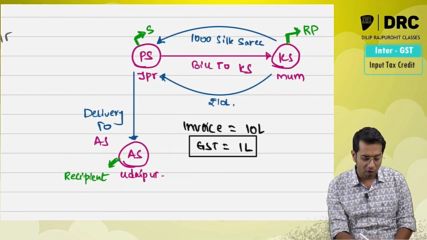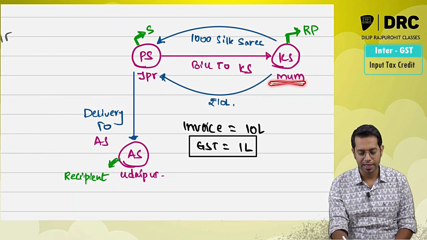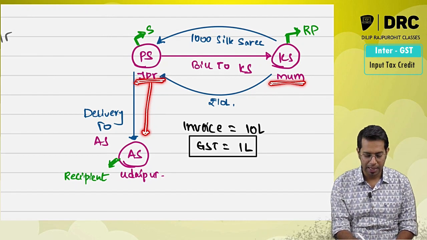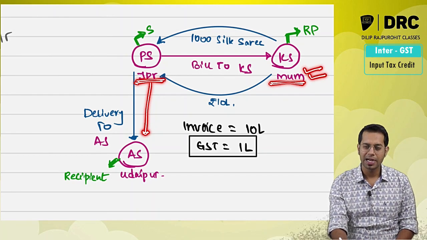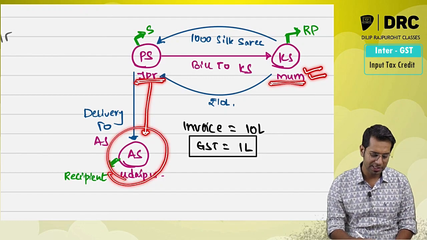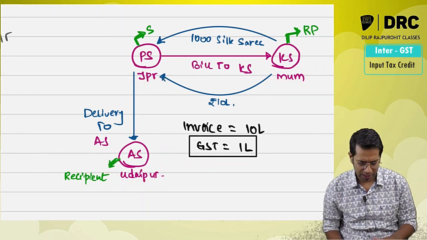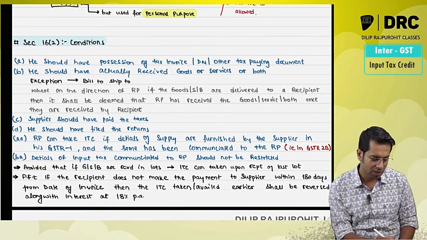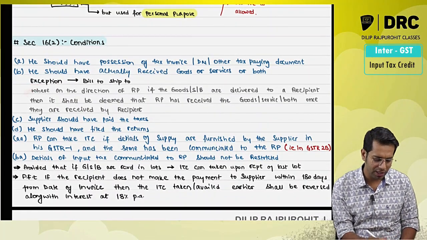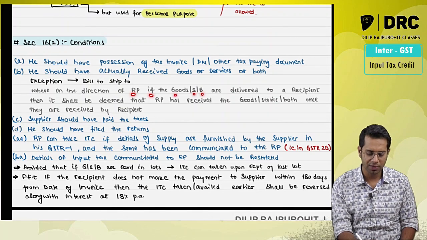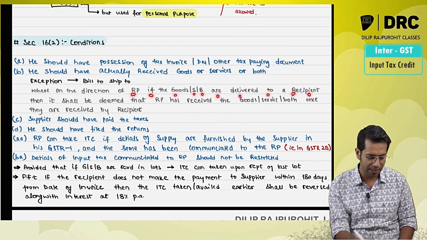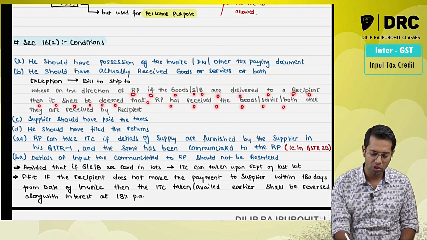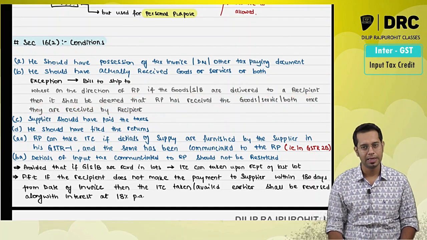Meaning, if on the direction of Karina Sarees, Priya Sarees has delivered the goods to Anushka Sarees, then it will be deemed that Karina Sarees has received the goods or services once it is received by Anushka Sarees. So here Karina can take input tax credit. So the exception, the bill to ship to concept: where on the direction of the registered person, the goods or services are both delivered to a recipient, it shall be deemed that the registered person has received the goods or services once they are received by the recipient.